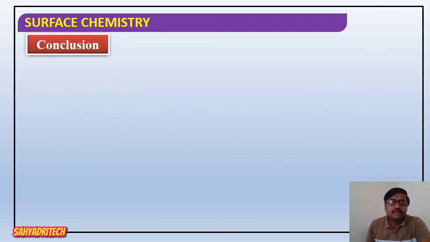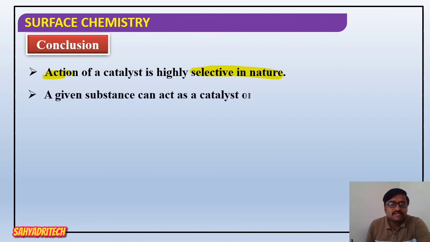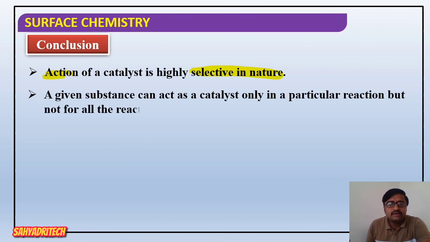Then what is the conclusion we can draw by this analysis? First, the action of catalyst is highly selective in nature. What does it mean? A given substance can act as a catalyst only for a particular reaction, but not for all reactions. So remember, the action of a catalyst is highly selective, highly specific in nature.